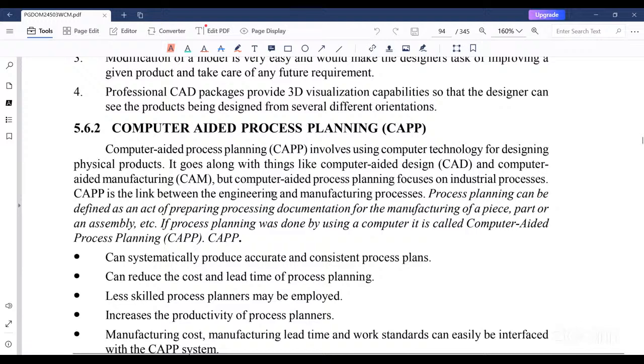It is software. These are physical products, and it goes along with things like CAD and CAM. It works with both. But computer aided process planning, that is CAP, focuses especially on the industrial process, and it is a link between the engineering and manufacturing process.